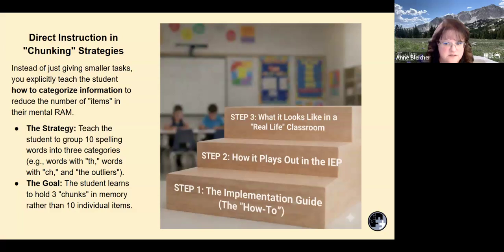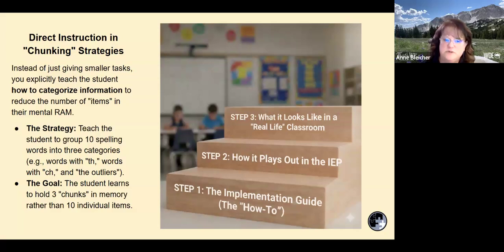cognitive processing needs. So with chunking, a lot of you are probably familiar with this. Rather than expecting students to independently organize large amounts of information, we're teaching them how to break content into smaller, meaningful units. And so in this example, we're teaching the students to group 10 spelling words into 3 categories.